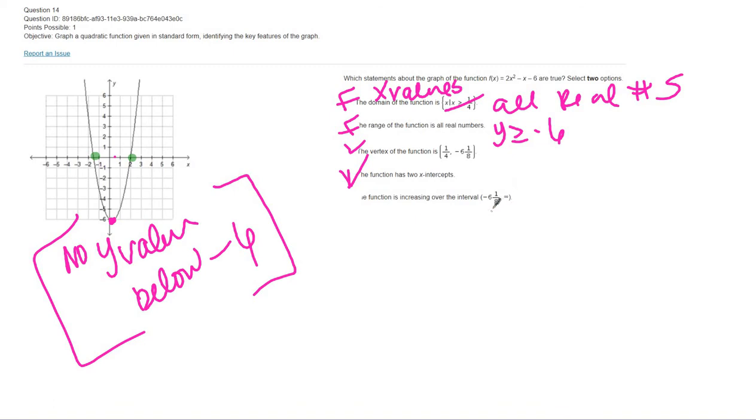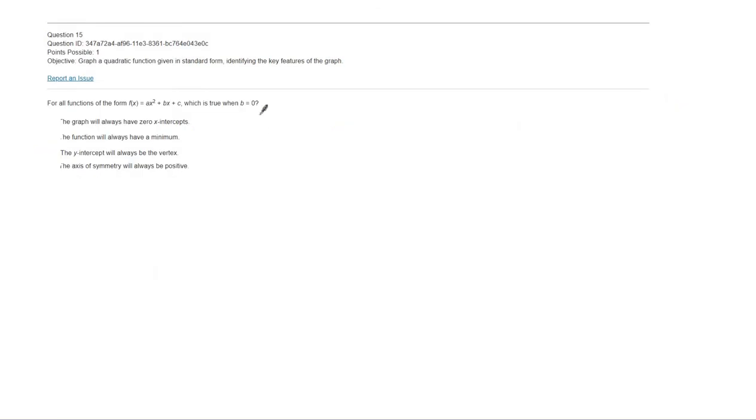So we actually look at the x-coordinates here. So -6 and 1/8 is off the chart. So that is a false statement. It is increasing from about 1/4 to infinity, right? Because that kind of covers this half of the graph where the slope is positive.